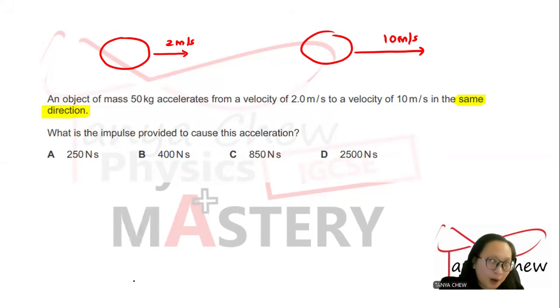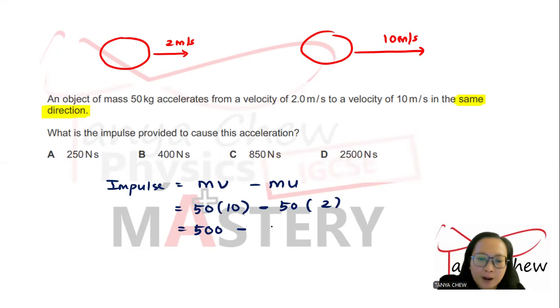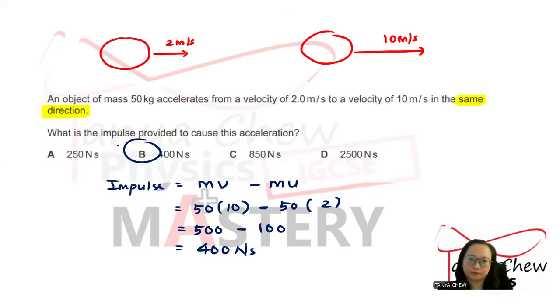Remember, there are two equations of impulse: change in momentum, and force multiplied by time. In this case, I am going to use impulse as mv minus mu because the force is not given. Mass 50, final velocity 10, minus mass 50, initial velocity 2. So this is 500 minus 100. The answer is 400 Newton second. B is the answer.